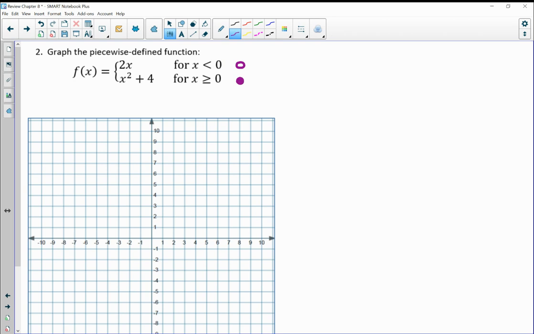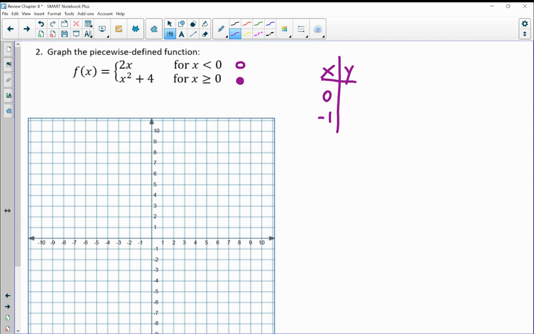I like to keep track of these with XY tables. So for the case where x is less than 0, we're going to graph 2x, which is a linear function. Let's graph 0 and then less than 0, so -1. Two points should be enough for a linear function.